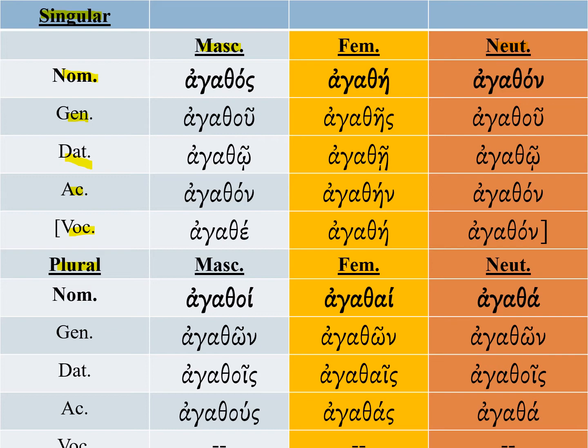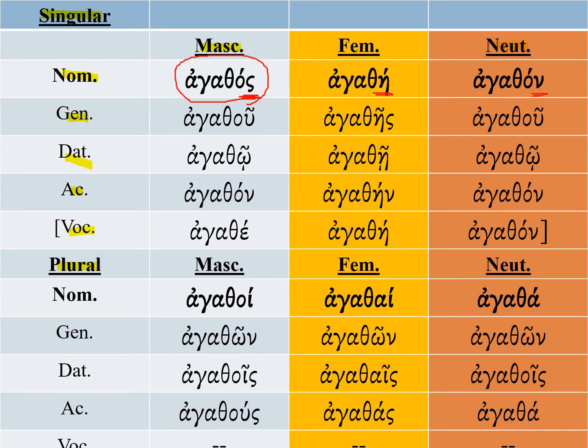Now, take for example the adjective agathos. Remember that agathos is an adjective, so it can be masculine and it can be feminine, or it can be neuter. Now, how do we recognize that it's a masculine? By looking at the ending here. Same way as we would say logos is masculine and graphe is feminine and ergon is neuter.